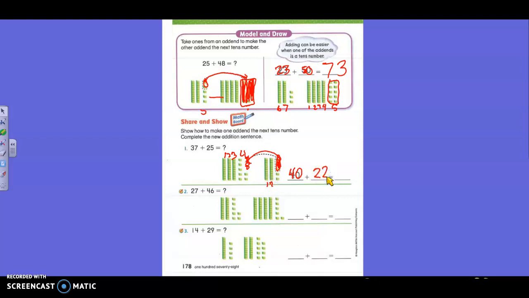So it's 40 plus 22. 40 plus 2 tens, 50, 60. And then how many ones? 2. So 62.